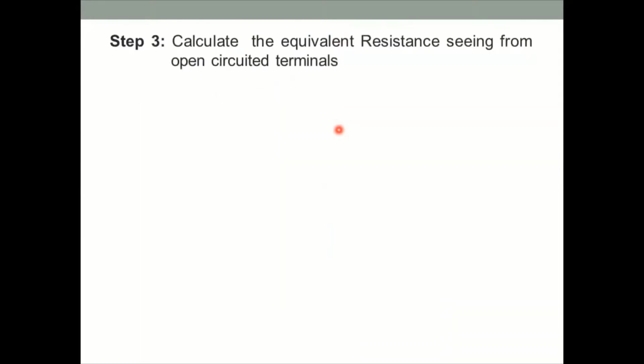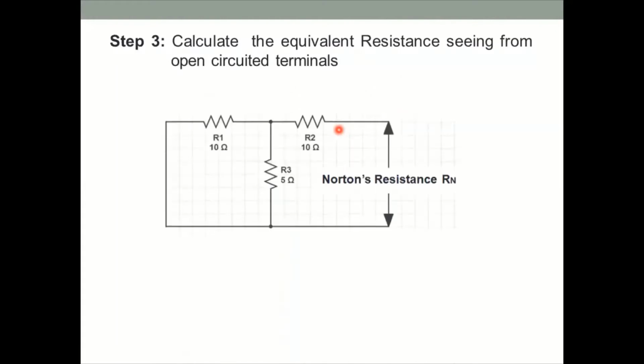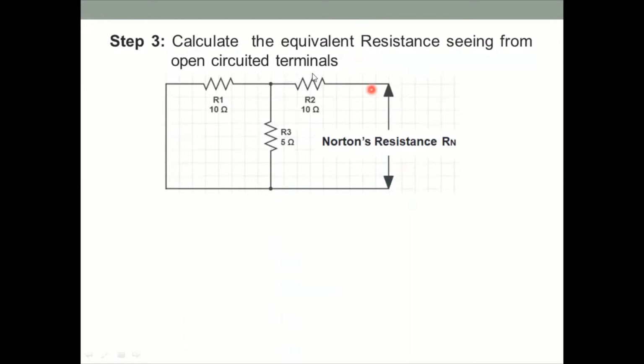Coming to step 3, we need to calculate the equivalent resistance, seeing from open circuited terminals. So we are going to draw the circuit like this. We are going to open circuit the load resistor, and from the open circuited terminals, we are going to start reducing this for calculating the Norton's resistance Rn.